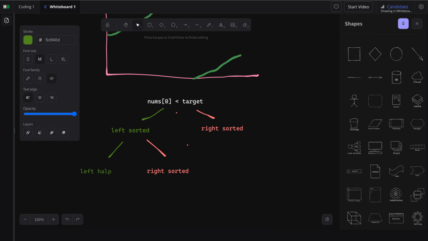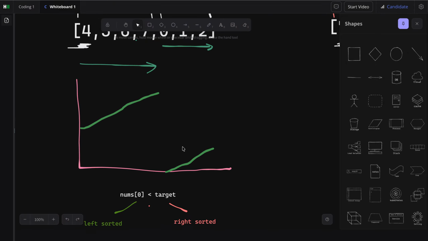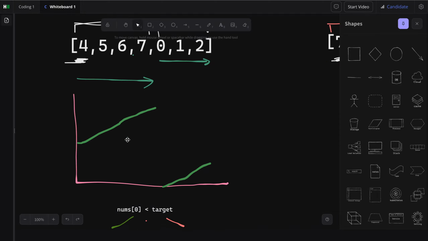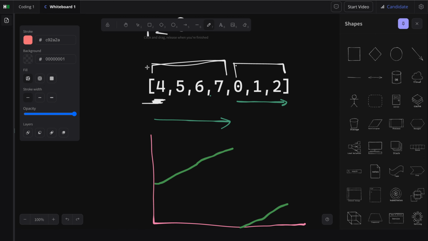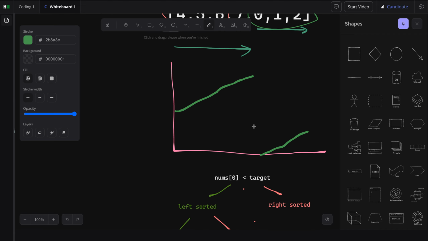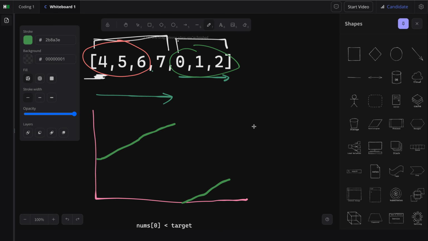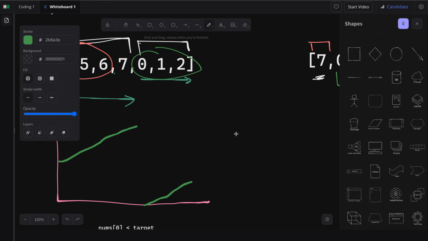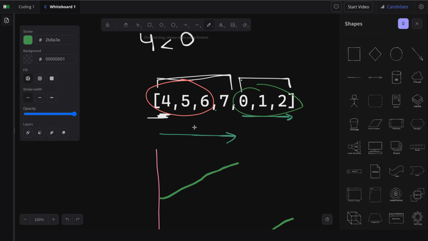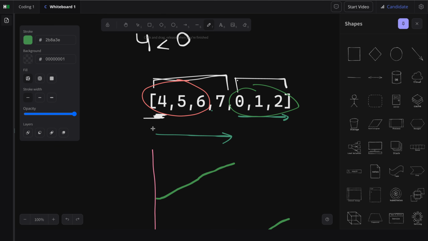Once I go into the sorted argument, do I go into this or do I go into this? How do I determine that? Or is that even the right approach? Am I understanding this correctly? Because I think this still relies on the midpoint technique, where you find the middle here, and so forth.